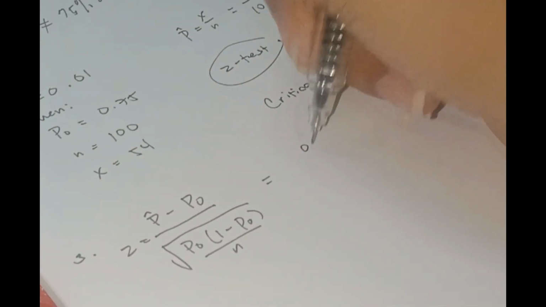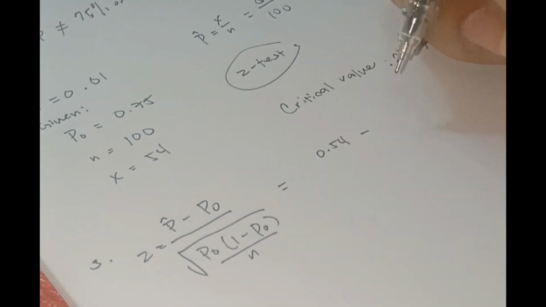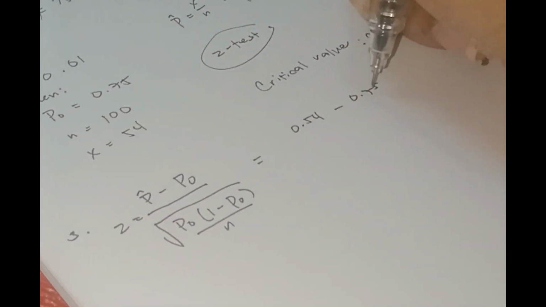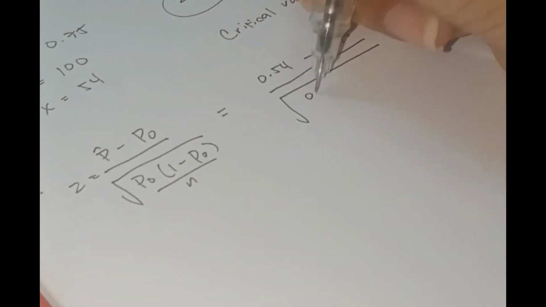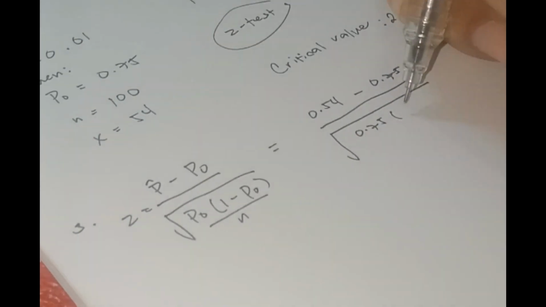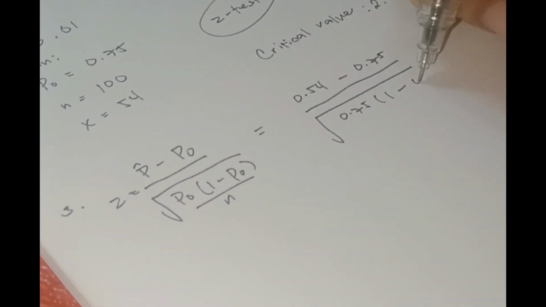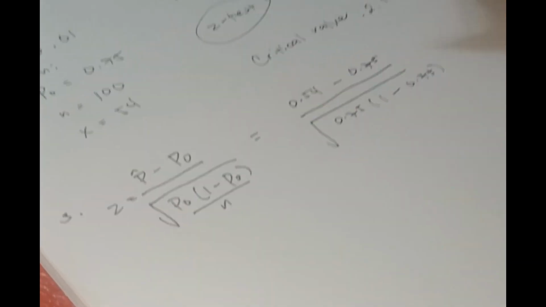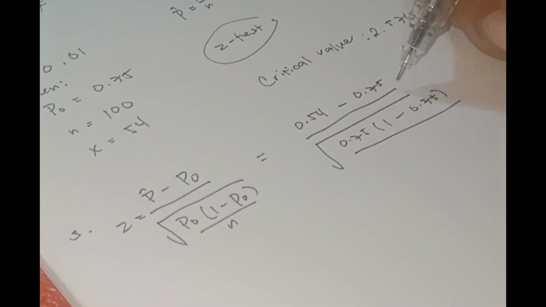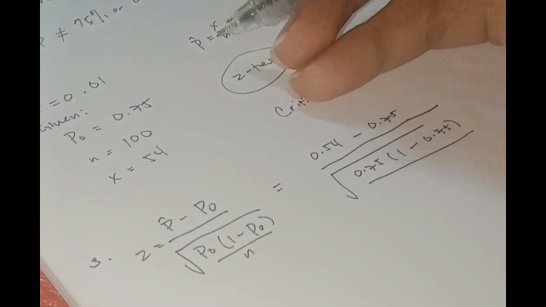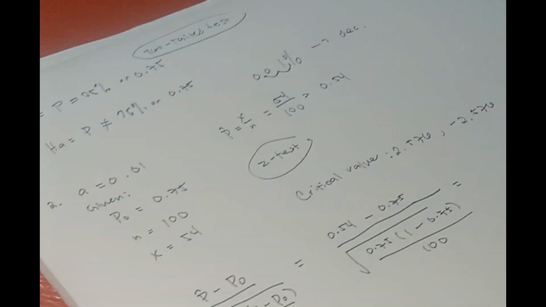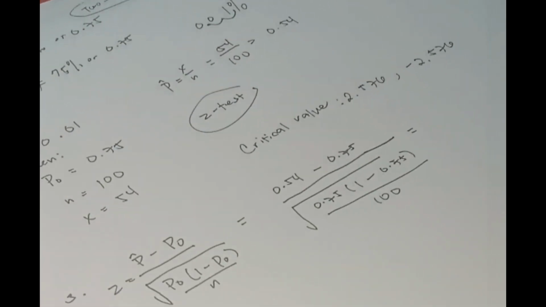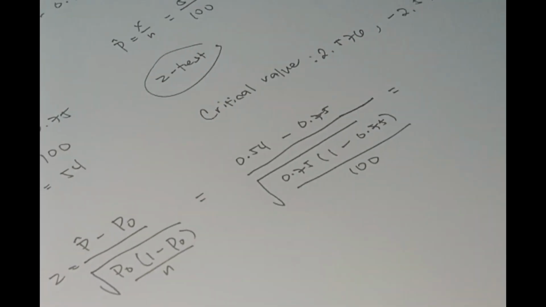i-calculate na natin to. So, P hat, which is 0.54, minus 0.75, divided by the square root of 0.75, multiplied by the difference of 1 and 0.75, divided by the sample size, which is 100. So, i-input natin siya sa calcu.